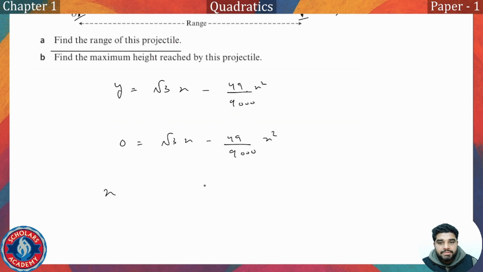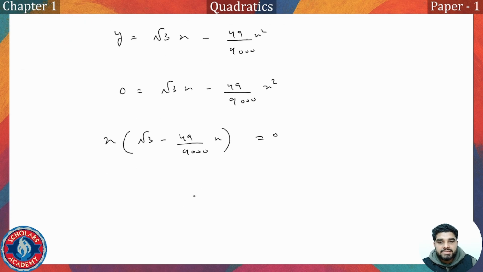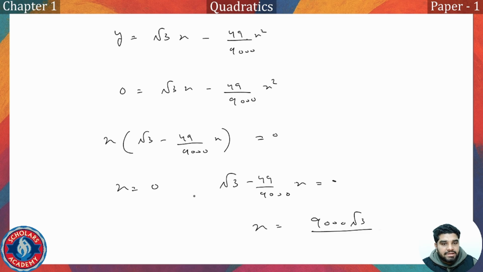We can take x common, and we are left with x times (root 3 minus 49 by 9000 x) equal to 0. So one case is when x is 0, another case is when root 3 minus 49 by 9000 x is equal to 0. From here we get x is equal to 9000 root 3 by 49.